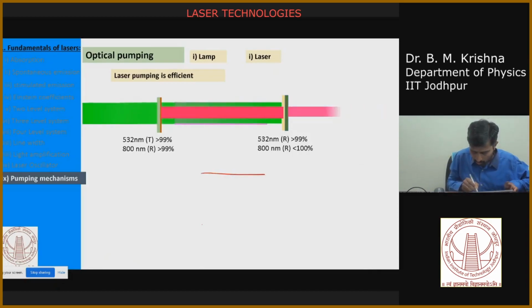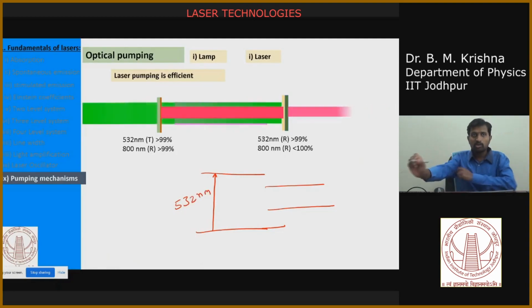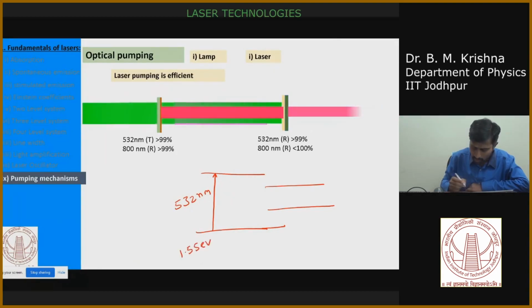This is your 532 nanometer pumping. 532 nanometers means your energy is higher than at 800 nanometers. Your 800 nanometers is 1.55 electron volts. So this 800 nanometer transition is the lasing transition.